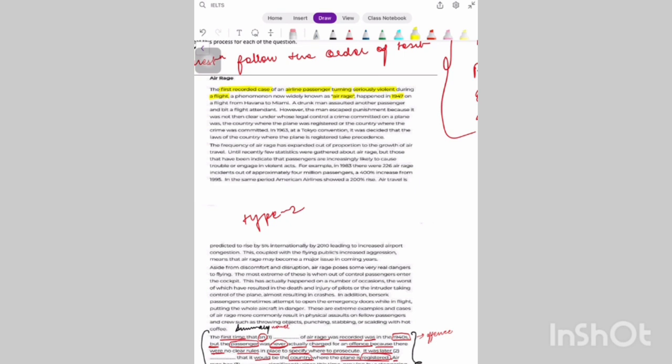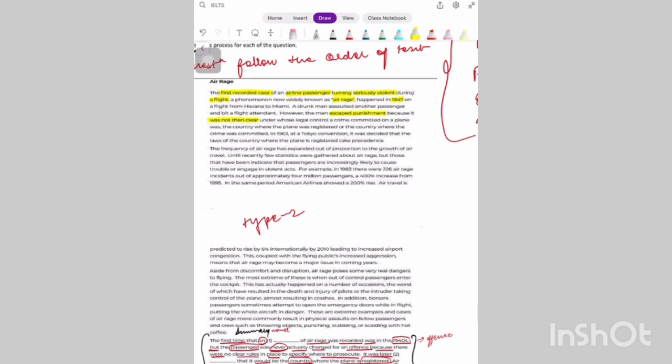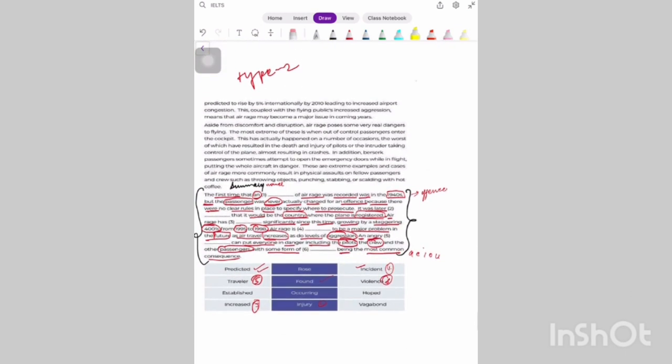Okay, a drunk man assaulted another passenger and bit a flight attendant. However, the man escaped punishment because it was not clear then under whose legal control a crime committed on a plane was, the country where the plane was registered or the country where the crime was committed. So the answer is, as we have predicted, incident.